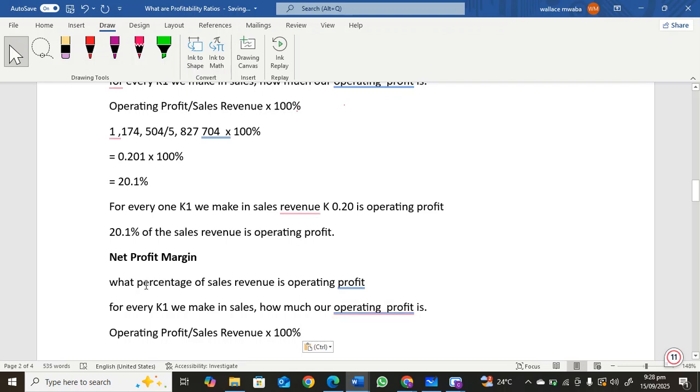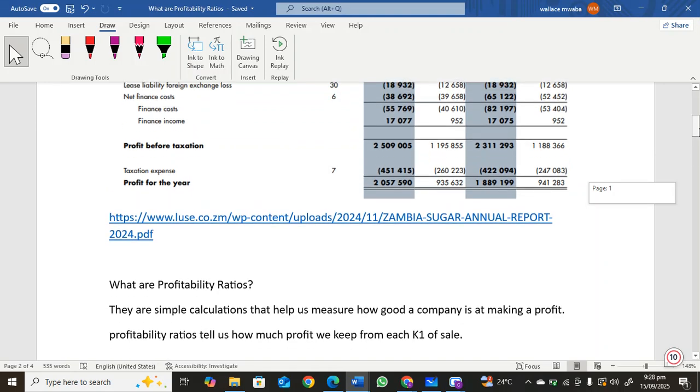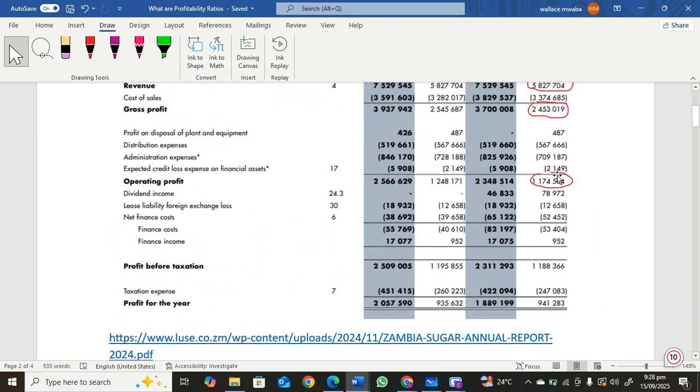Net profit margin tells us what percentage of sales revenue is your net profit, or for every one kwacha I make in sales revenue, how much our net profit is. And the formula, same, it's just the net profit over sales revenue times 100%. If we go to our income statement here, this is our net profit of the year.